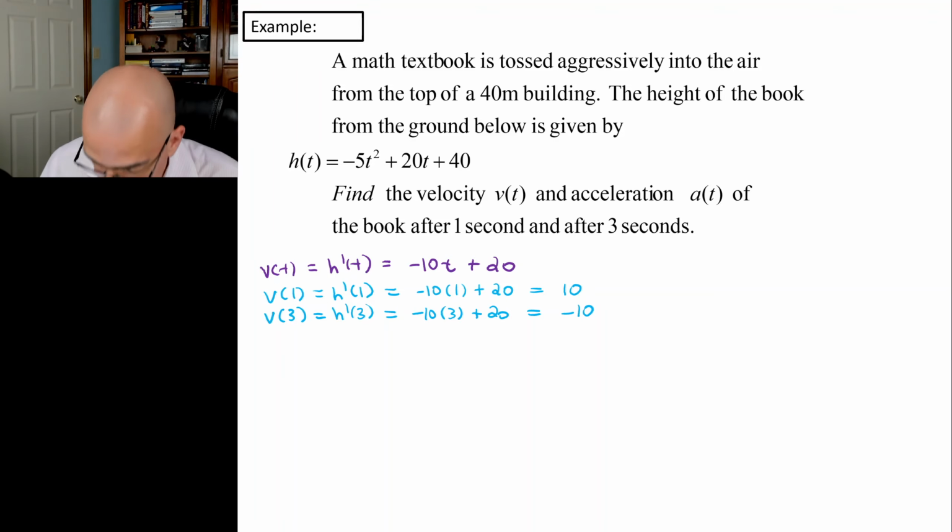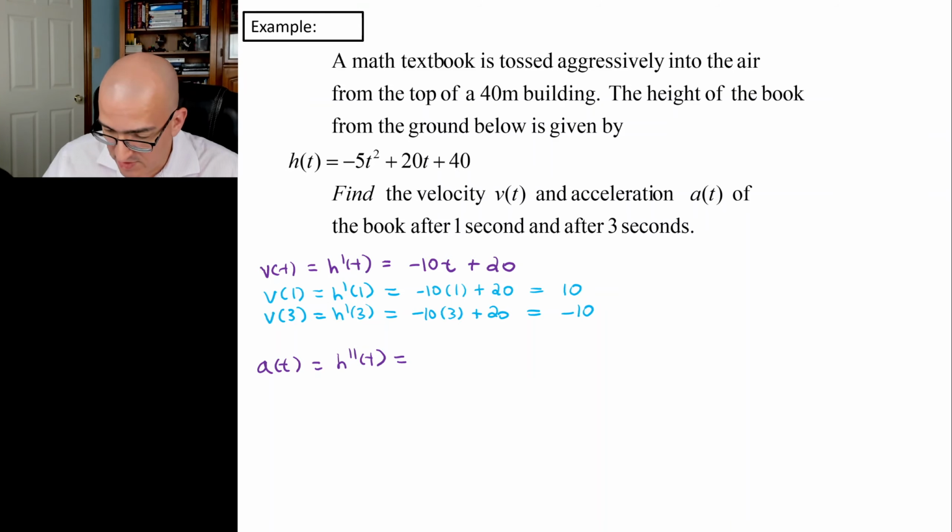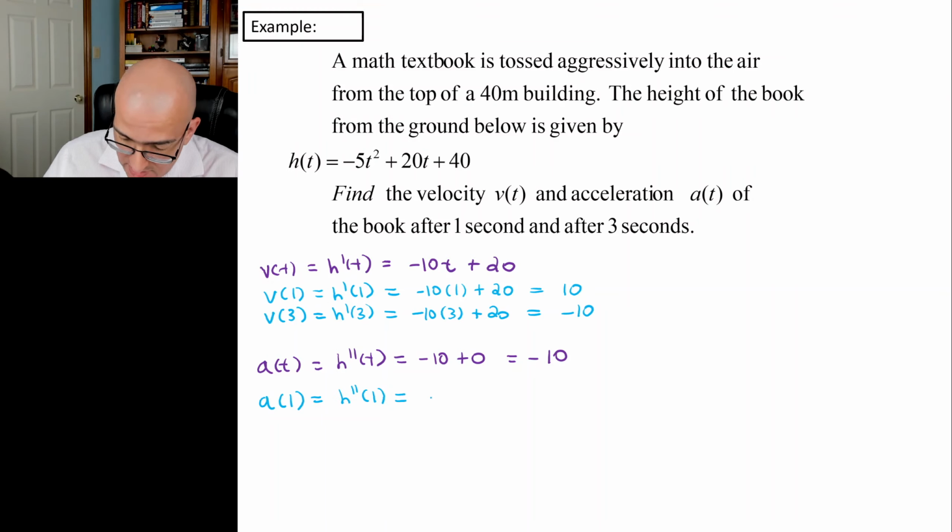Now we want acceleration. A of t is equal to h double prime of t. So that's the derivative of negative 10t plus 20. That's negative 10 plus 0, which is equal to negative 10. And then we want the acceleration at those times. A of 1 is equal to h double prime of 1, which is just negative 10.